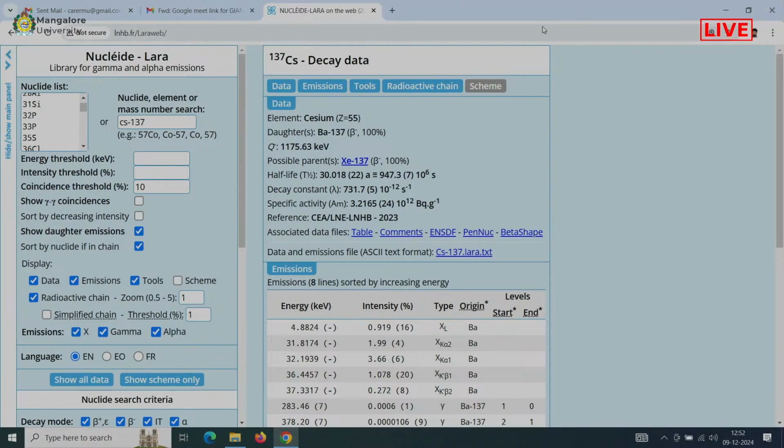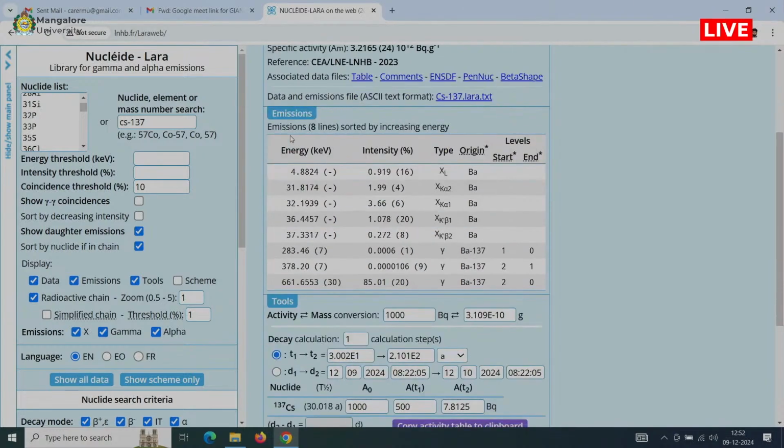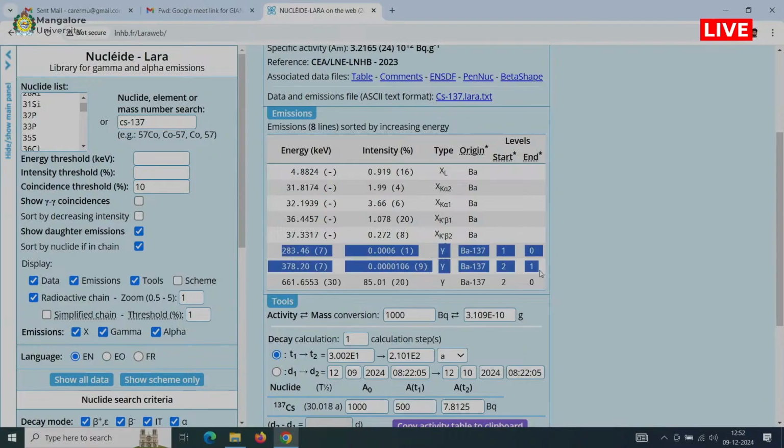And you can see here the emissions. So as you know, cesium emits 661 keV gammas, but there are also some other gammas too, which are normally not detected by gamma ray spectrometry.